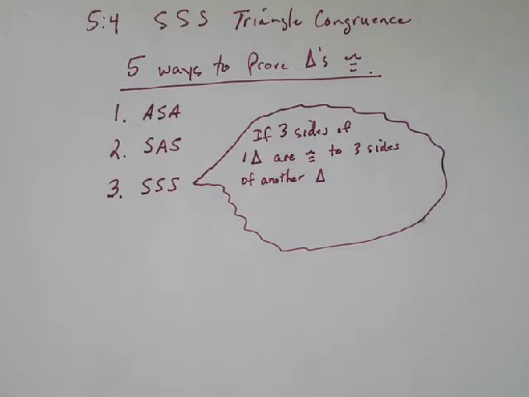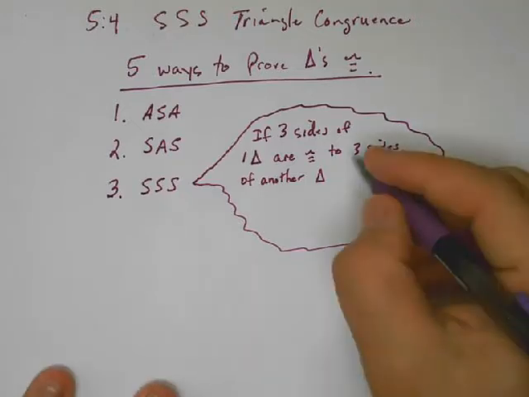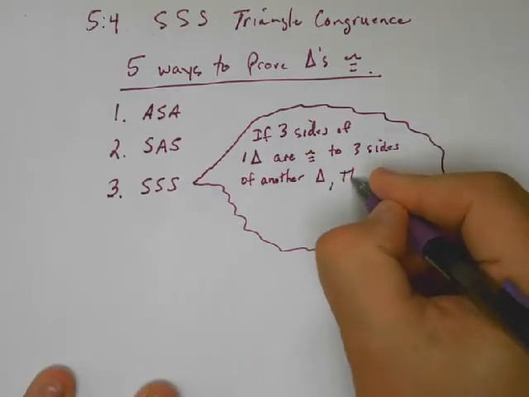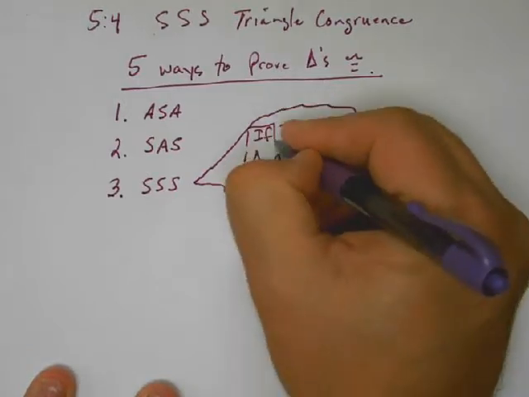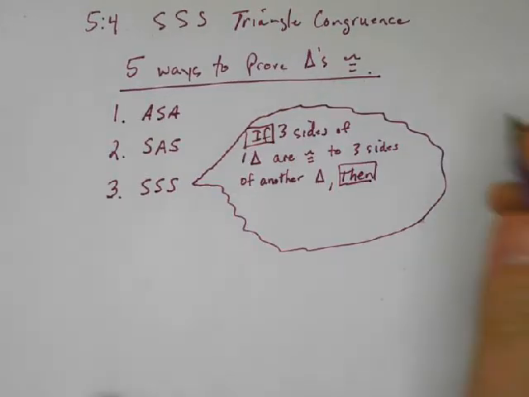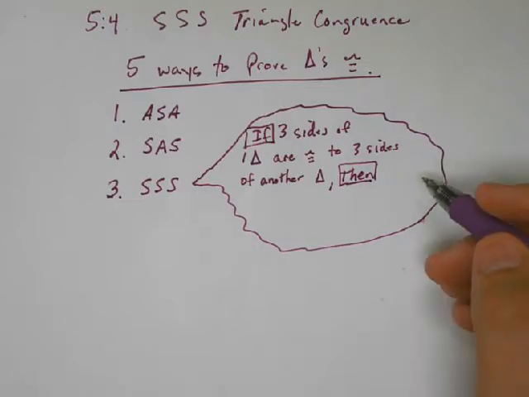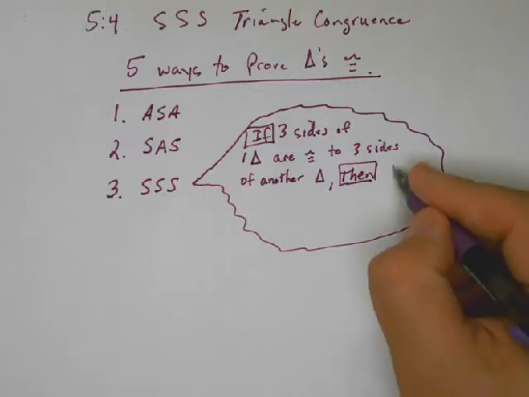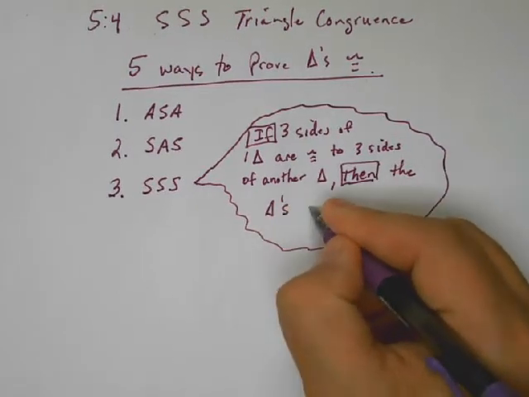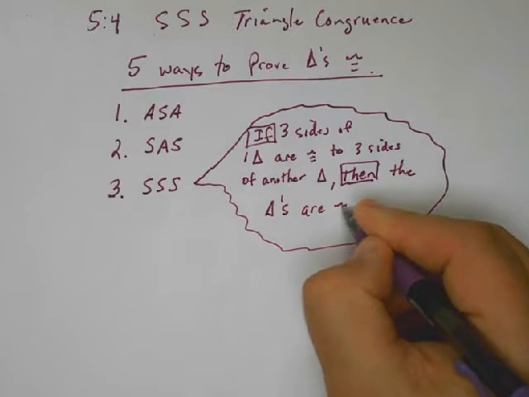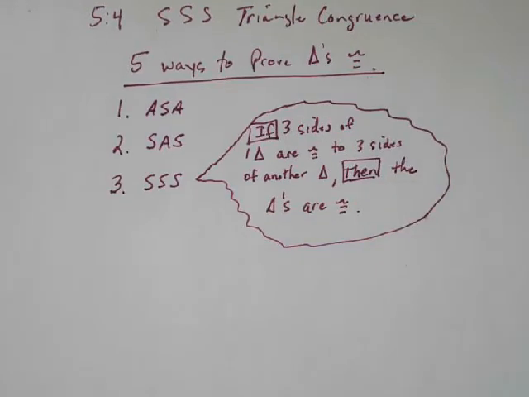I'm writing the theorem in. Then, the lovely if-then conditional statements in geometry. If 3 sides of one triangle are congruent to 3 sides of another triangle, then the triangles are congruent. There's the theorem.